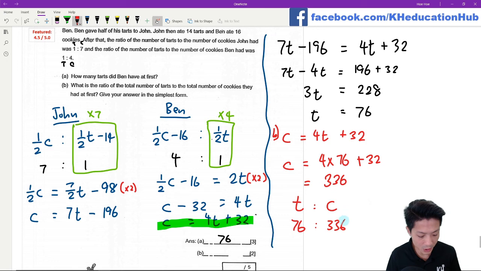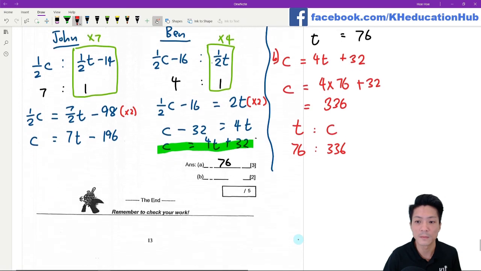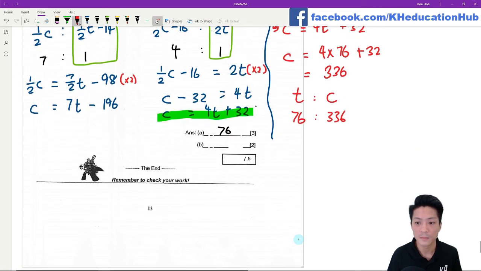And if you change this into the simplest form, it's going to give me 19 to 84. This will be the answer for part B.